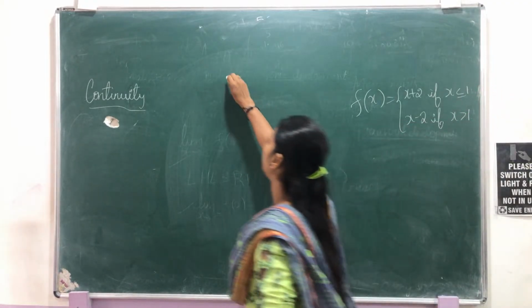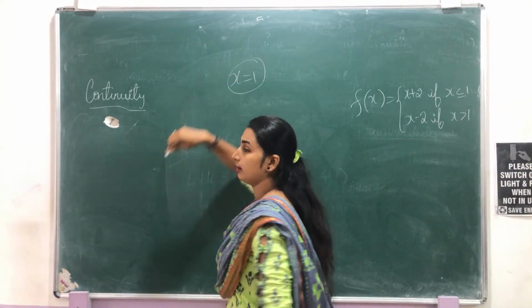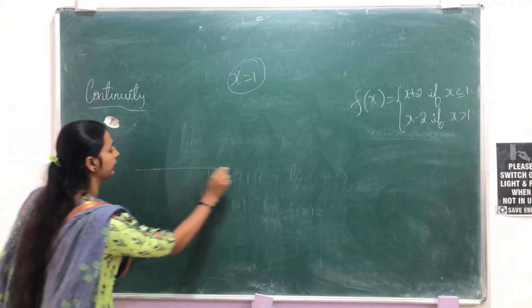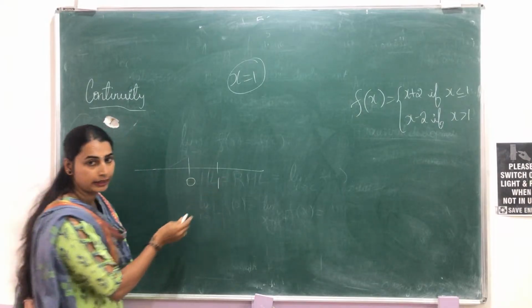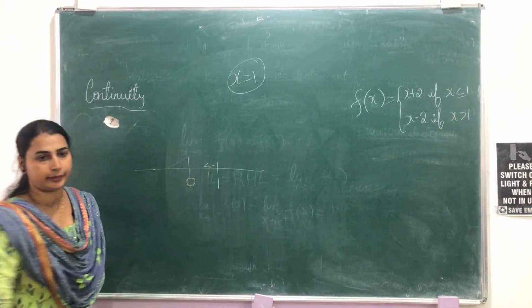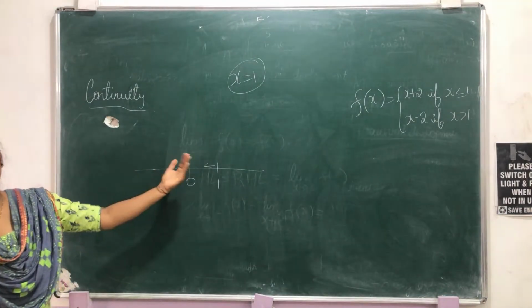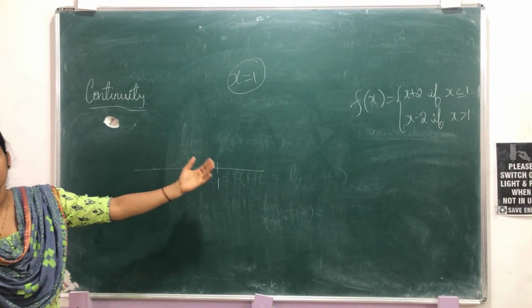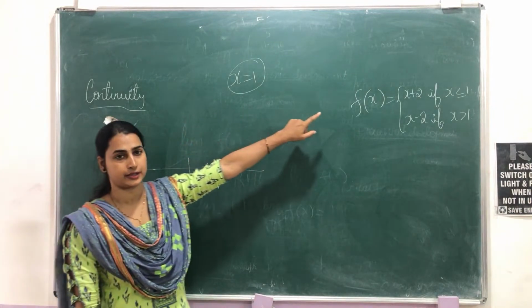The main point is 1, x equal to 1. Left hand limit means left side of 1. In the real number, 0, 1, right? The left side of 1 is called as left hand limit. That means less than 1.